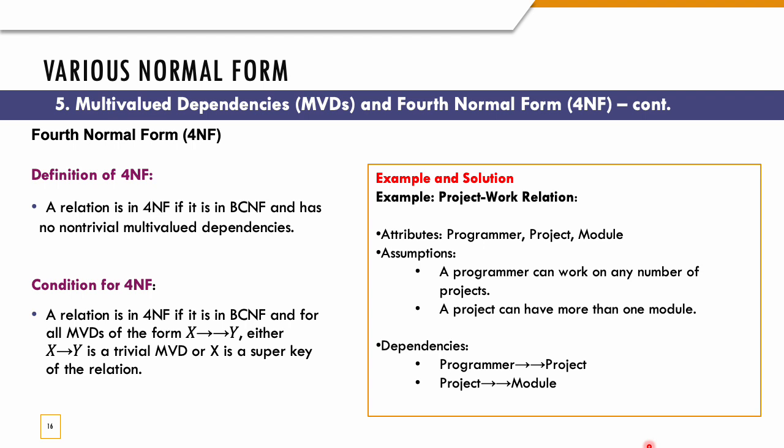Okay? So given the assumptions, the following multivalued dependencies exist. Programmers can work on many projects independently of the modules, and a project can have many modules independently of which programmer is working on it. Okay?